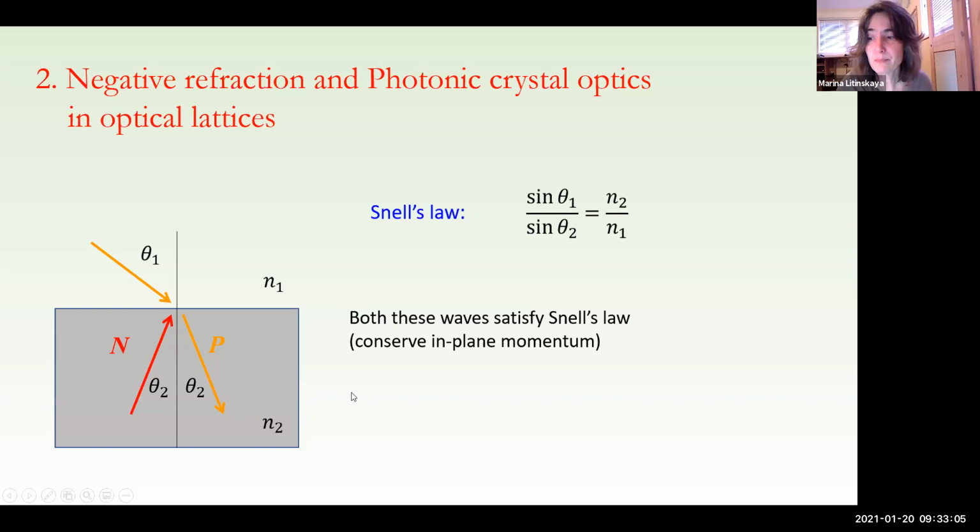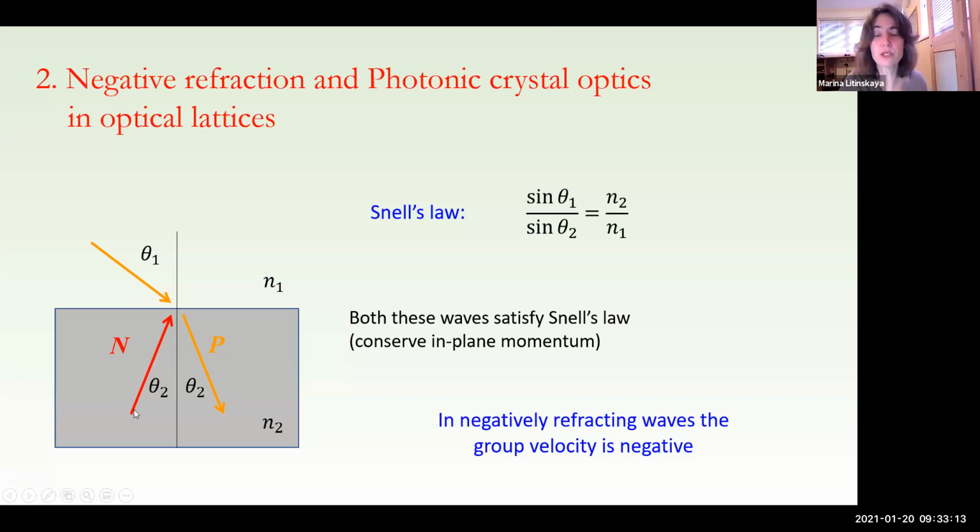However, there is a class of waves, basically the waves with negative group velocity, for which the direction of the energy propagation, the group velocity, and the direction of the wave vector are opposite.